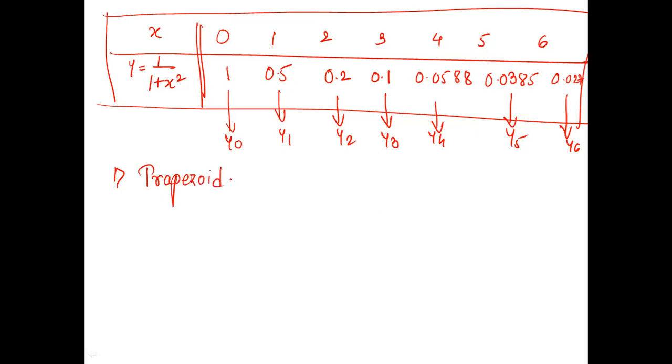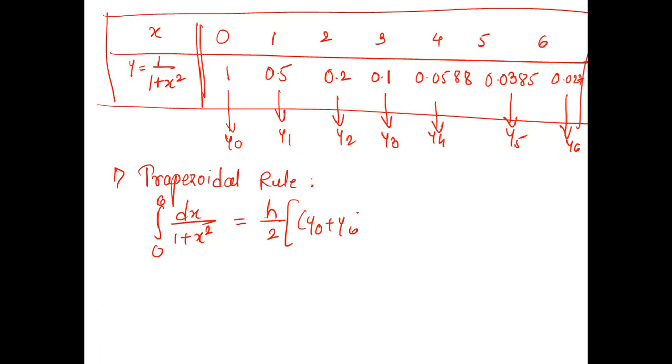So first rule is the trapezoidal rule. You first write the rule. Integration a to b, here 0 to 6, of f of x, 1 upon 1 plus x square dx, is equal to h by 2 into first plus last, that is y naught plus y6, plus 2 times all the remaining, y1, y2, y3, y4, y5.